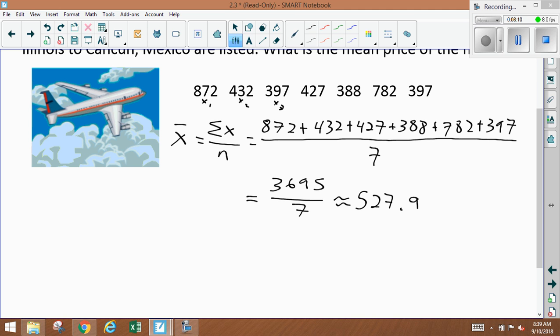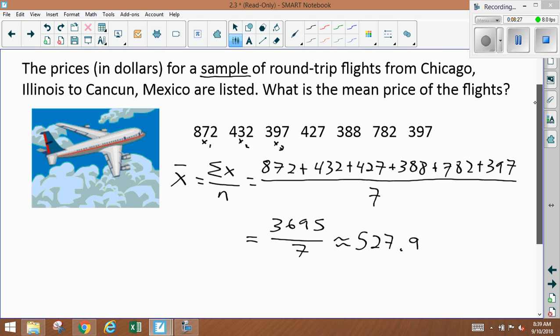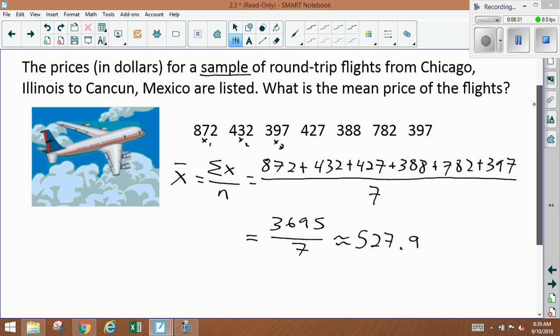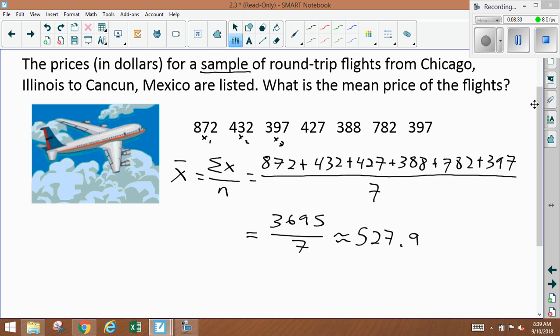And I believe your book rounded it to the tenth place. Mean price, though. I don't know if that's a great place to round, because we're talking about a price, right? Prices go to the hundredth place, don't they?